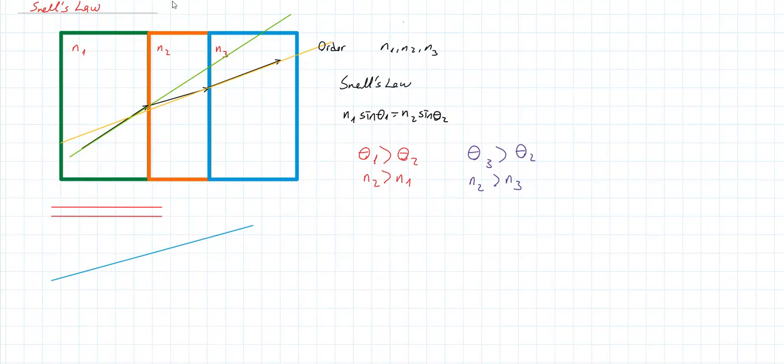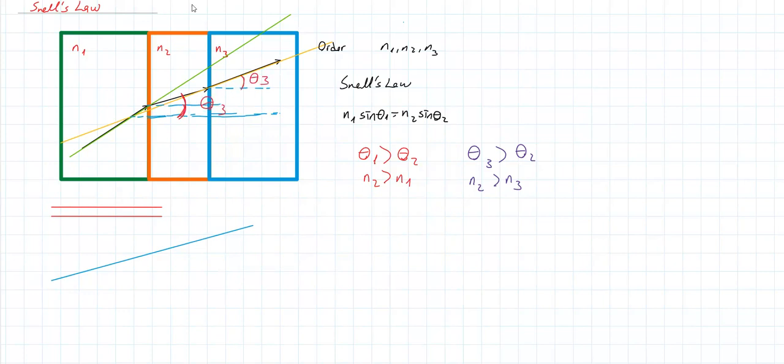Okay, so I draw these green and yellow lines as extensions. I will now compare the angles with respect to the same angle. I will draw one line here. As you can see, this is parallel to the surface normals. So they will make the same angle with this line. So I'm looking at the angles. This is this angle, theta 3.